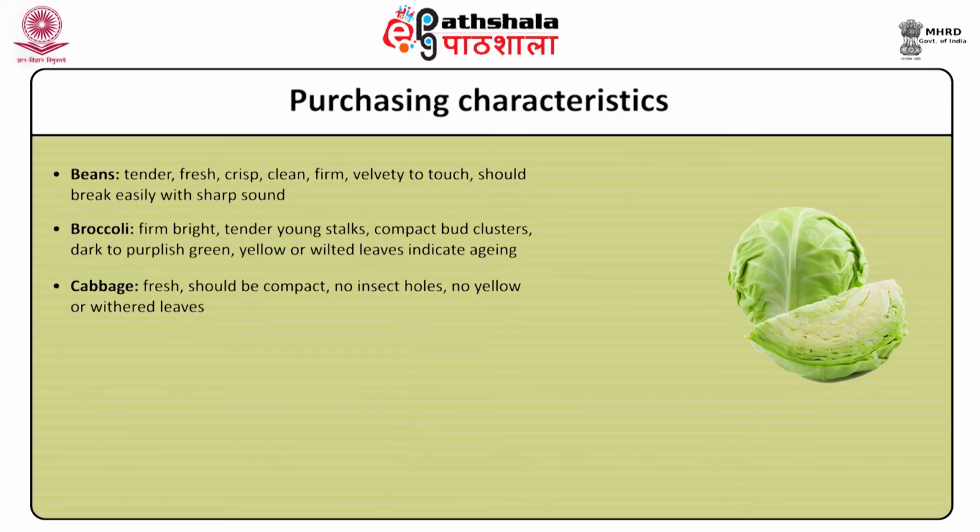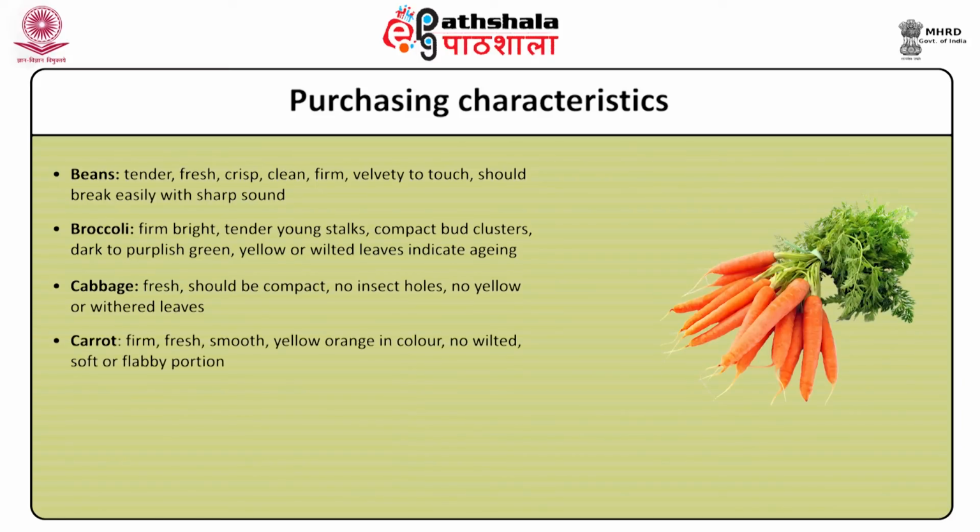Cabbage, fresh, should be compact, no insect holes, no yellow or withered leaves. Carrot, firm, fresh, smooth, yellow-orange in color and no wilted, soft or flabby portion.